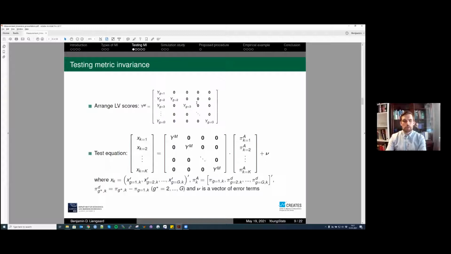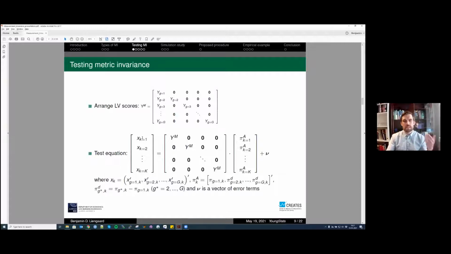I'll not go into depth on how these tests are actually constructed. The idea is that we estimate the PLS path model for all of the groups. Then we get the latent variable scores for each of the groups, and we stack these latent variable scores in a specific way.